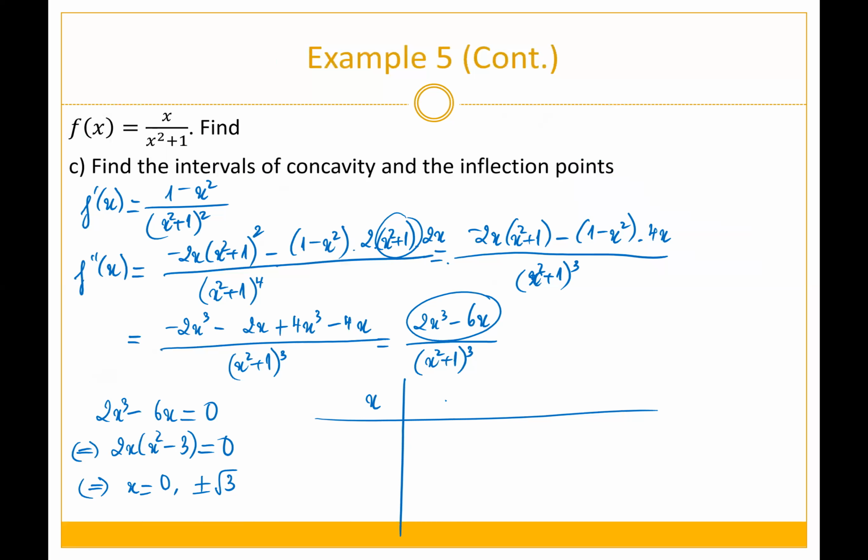So I would have intervals from negative infinity to negative square root of 3, to 0, to square root of 3, to infinity. You have 2x multiplied by x squared minus 3, or just 2x cubed minus 6x. You're going to have a 0 here, here, and here. Then just try to plug in some numbers and see where it leads you.